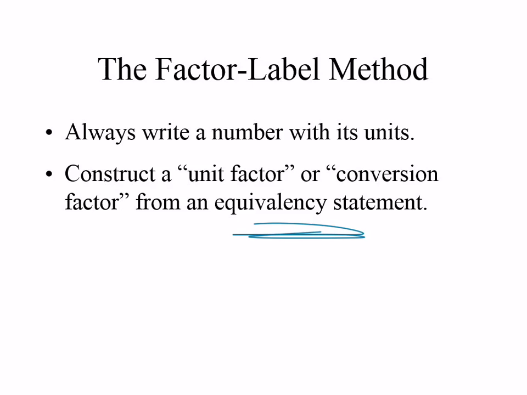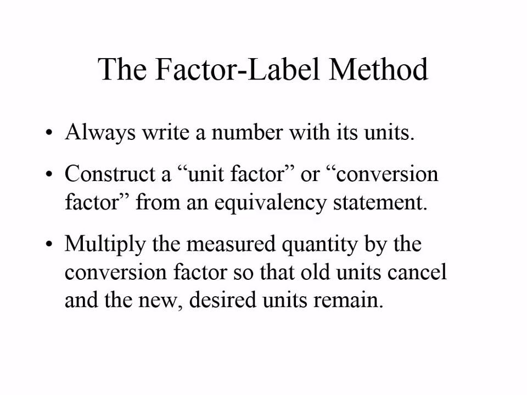I know it says unit factors or conversion factors, but basically we're going to take an equivalency statement and make it into a ratio. So we take this and make it into a ratio, a conversion factor, to get us where we want to be.